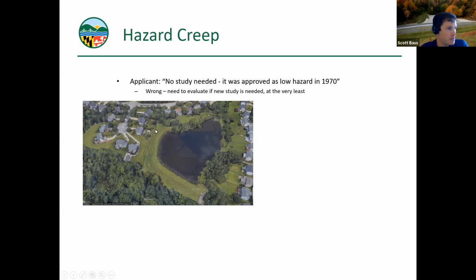And to the left of this picture, you can see there's embankment right up against these homes. So clearly, failure of the dam in that location could present a threat to the occupants of those homes. And thus, this is what is known as hazard creep. The hazard was low hazard. Downstream development has changed that hazard.